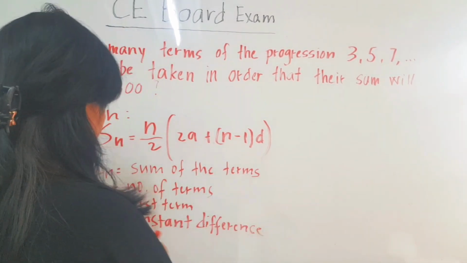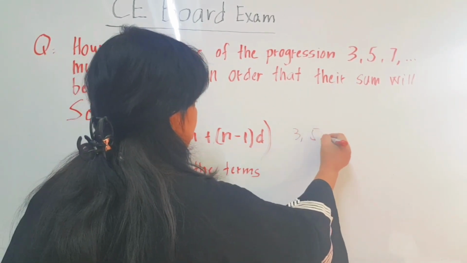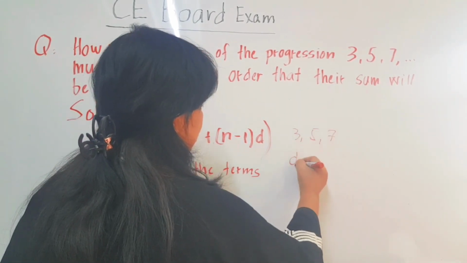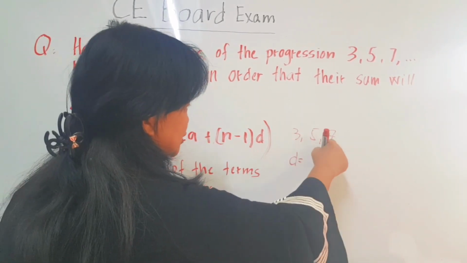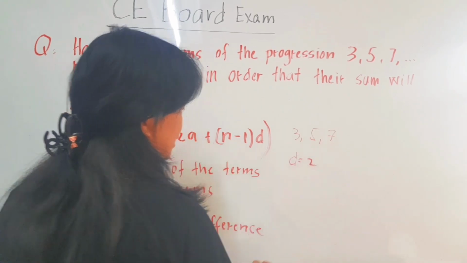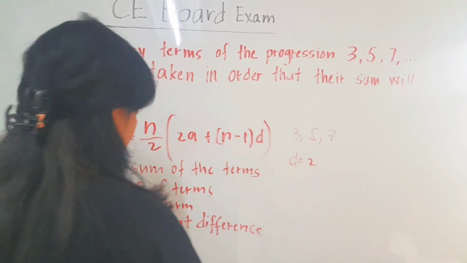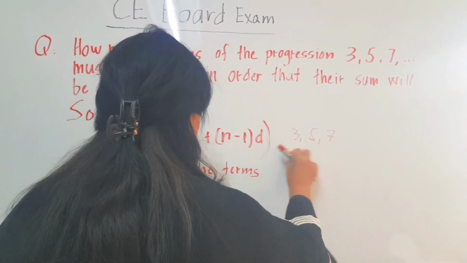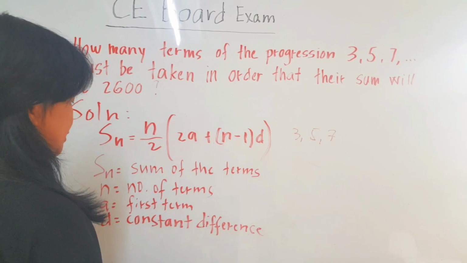Like, for example, 3, 5, 7. The d by inspection is 2. 5 minus 3 is 2, 7 minus 5 is 2. So, the difference is 2. This is the so-called constant difference between consecutive terms.